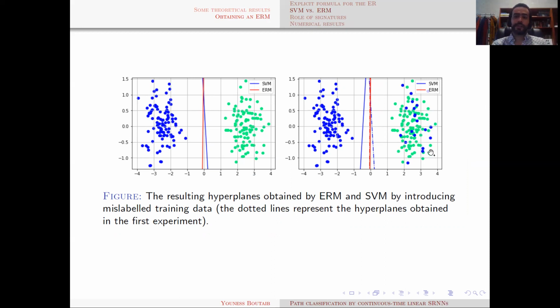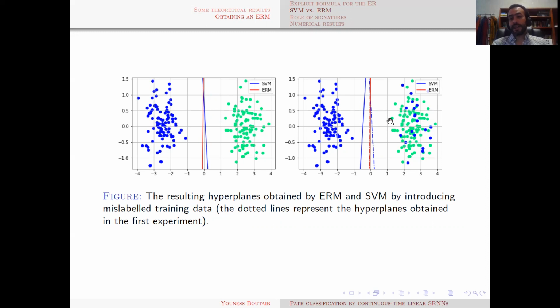In the second scenario, we have some blue points inside the green cloud, and this can be because of one of two reasons. Either the blue points are true outliers, that means that the two classes are not separable. But more importantly, what can happen is that the blue points are mislabeled points, meaning that they are actually green points, but we mislabeled them and we said they are blue points.